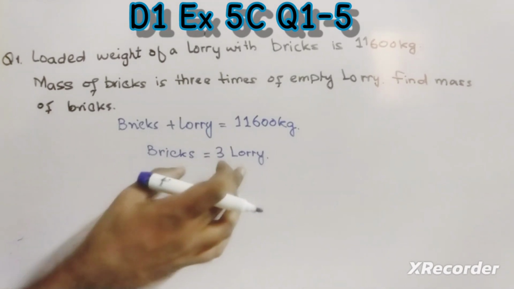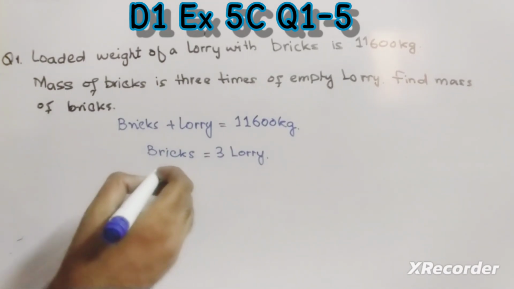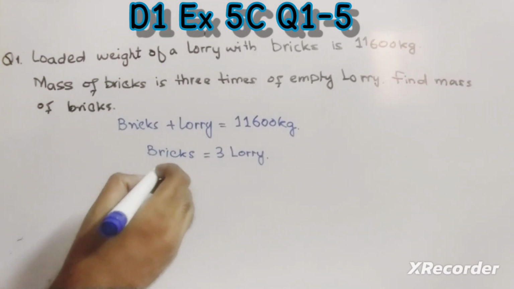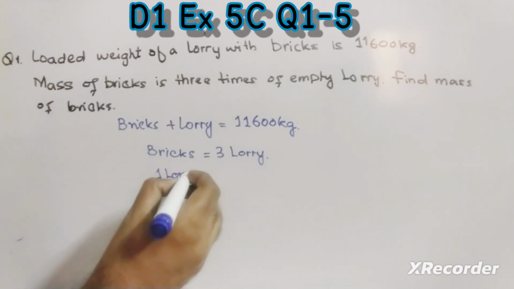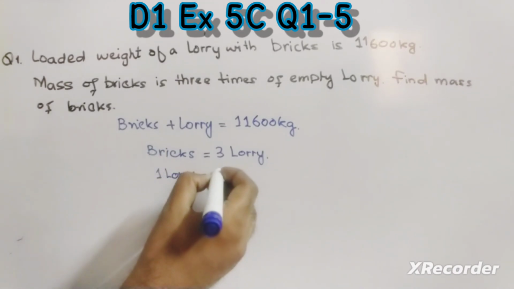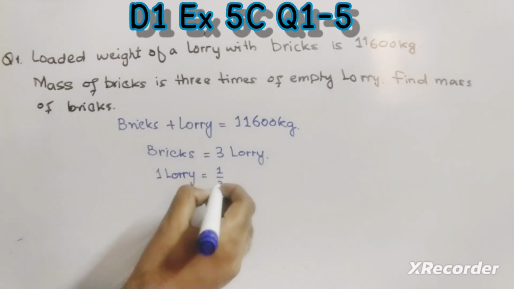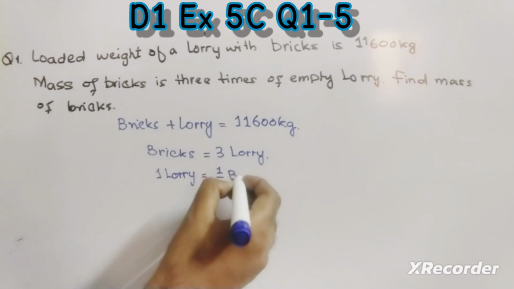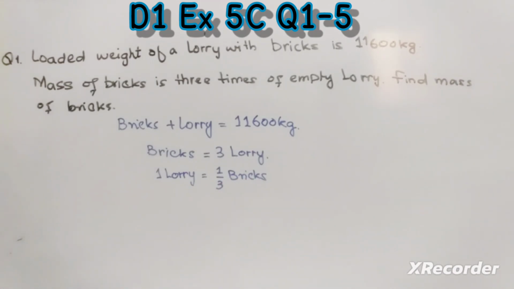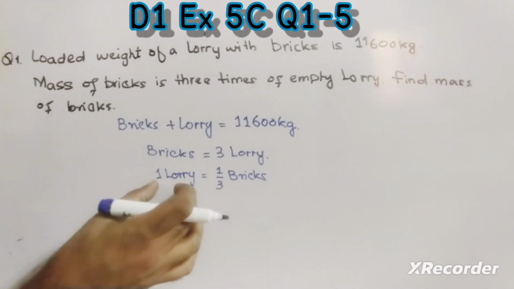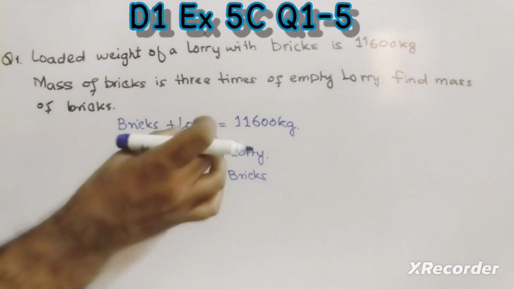From this relation, we can write 1 lorry is equal to 1 upon 3 of the bricks weight, and we substitute this 1 lorry value in this equation.